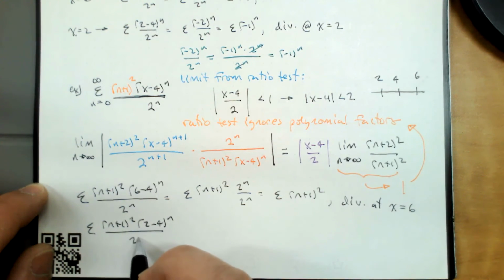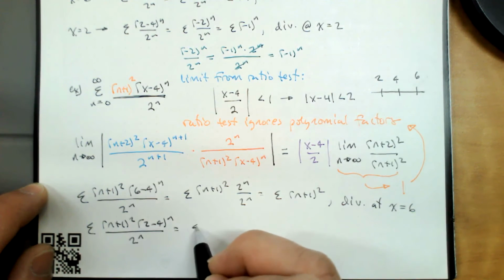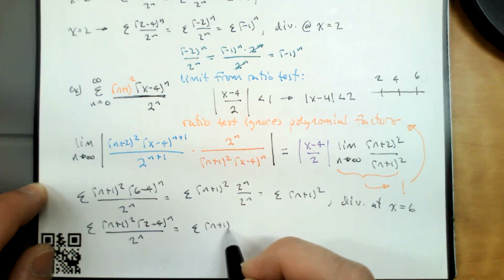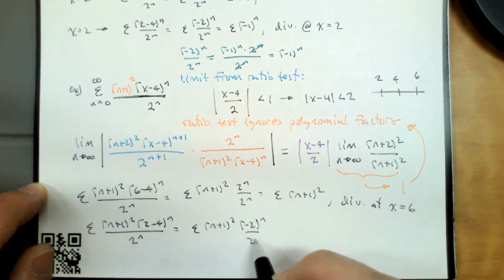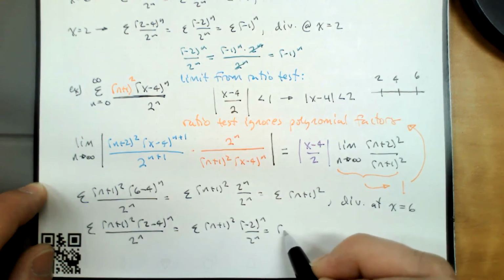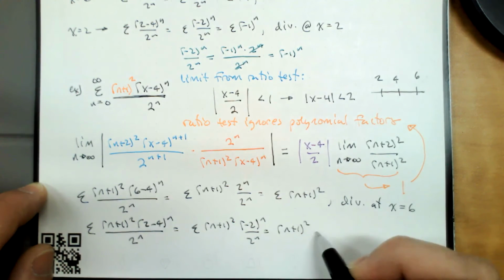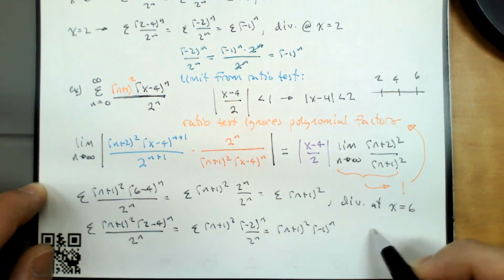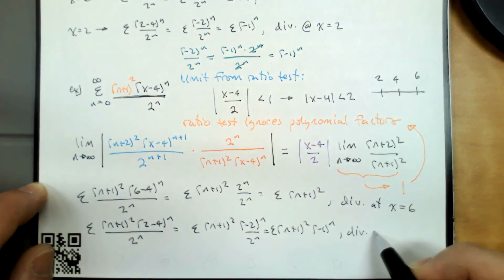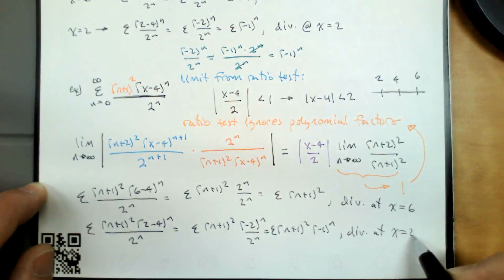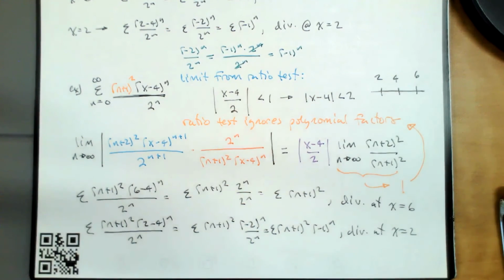This is where we're going to get the negative 1 to the n. And so our power series is going to diverge at 2 as well.